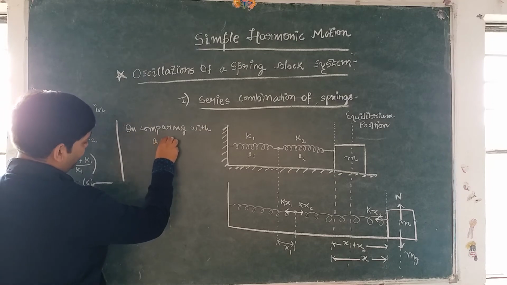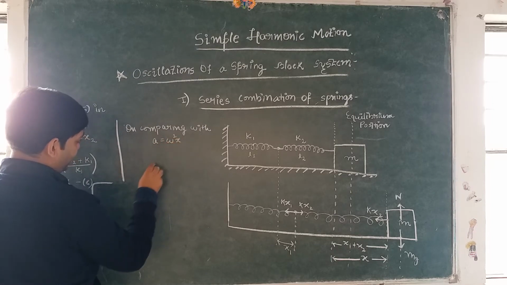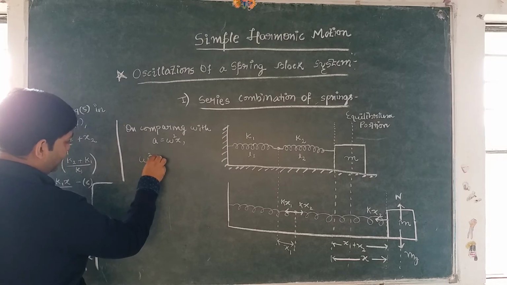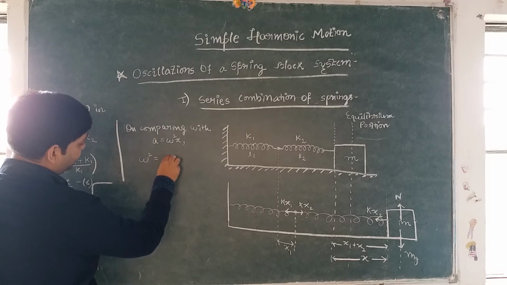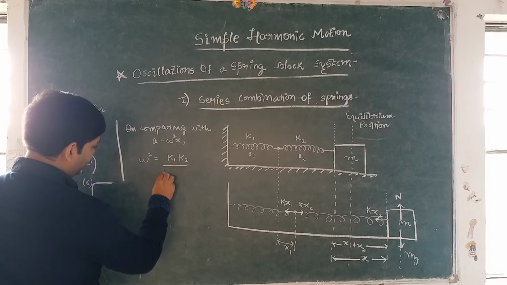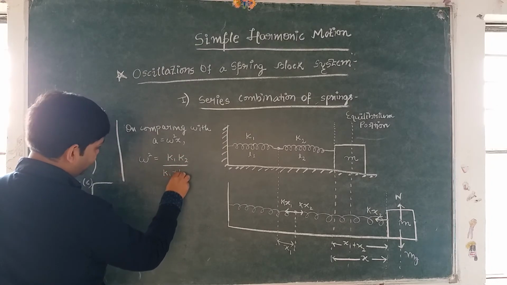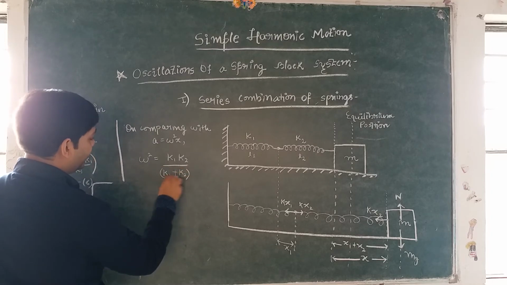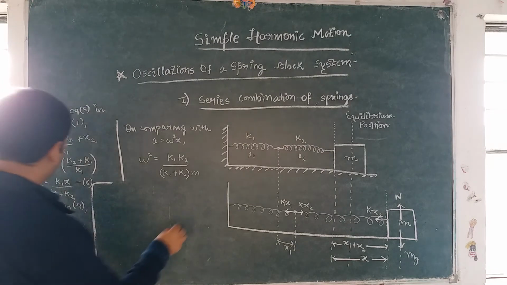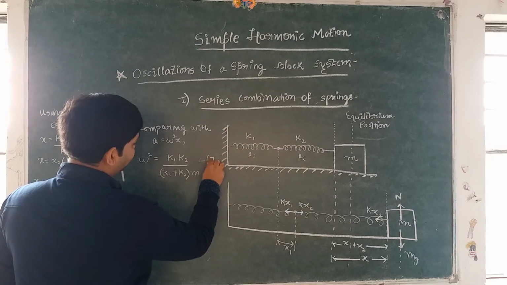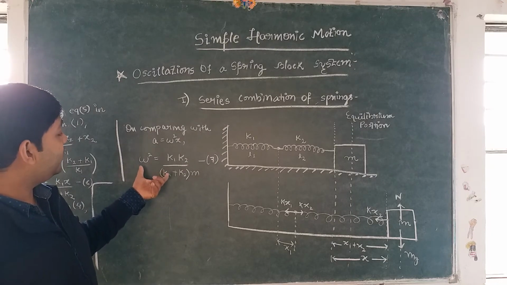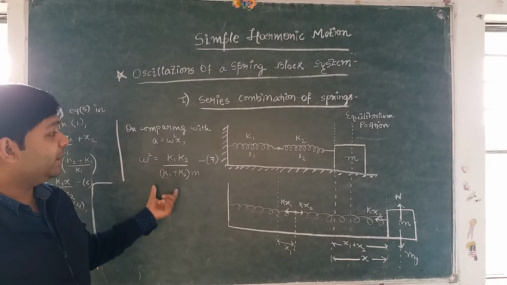We will have omega square is equal to K1 K2 upon K1 plus K2 into M. So this is our equation number 7, right? Let's say this is equation number 7. So from here we have found the value of omega square, right?